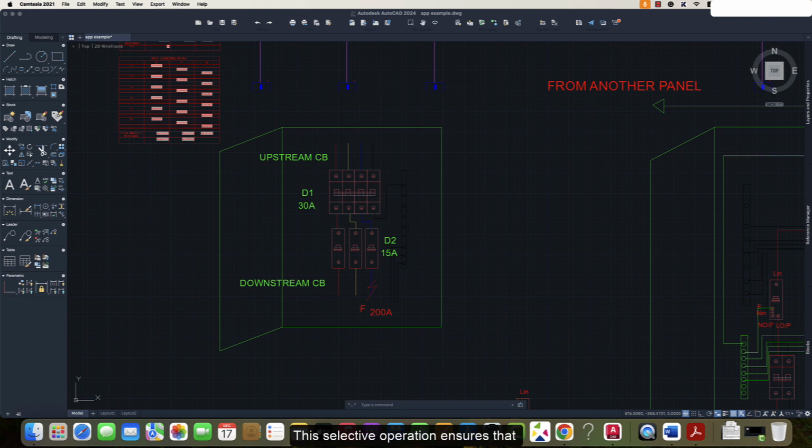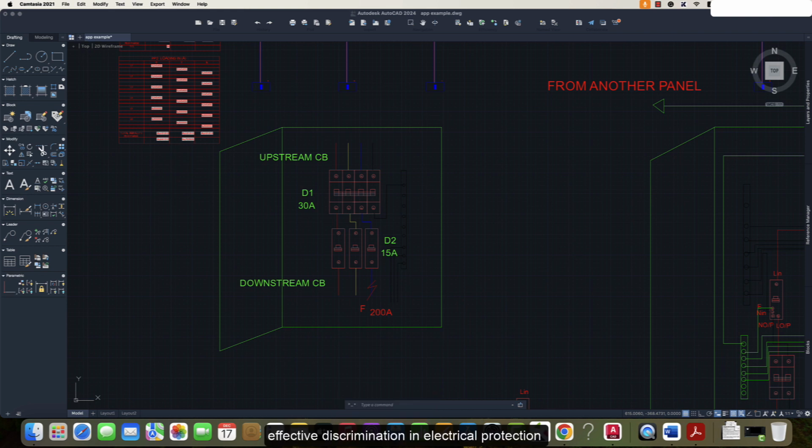This selective operation ensures that the fault is cleared efficiently and only the necessary portion of the system is isolated while the rest continues to operate. This coordination helps in maintaining the reliability and stability of the electrical network.